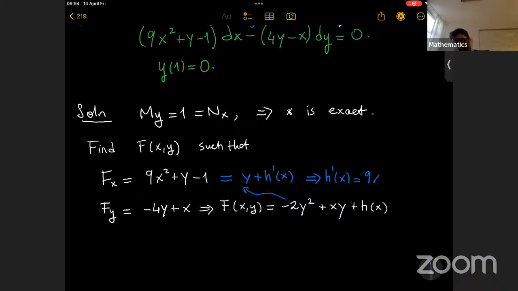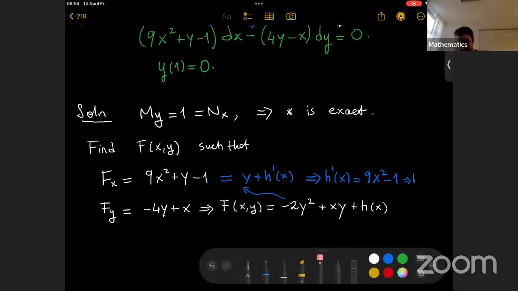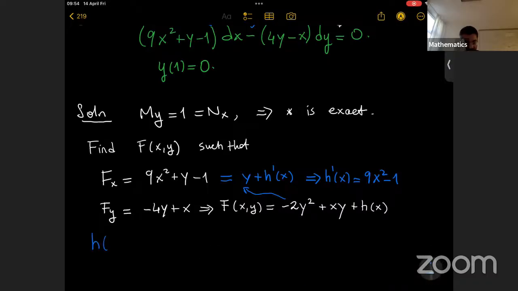And this tells you h of x is equal to, let's continue here, h of x is 3x cubed minus x plus a constant.